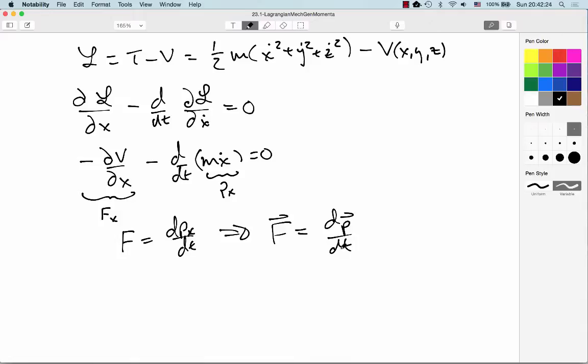Well, what we can do with this is we can generalize this idea of momentum.